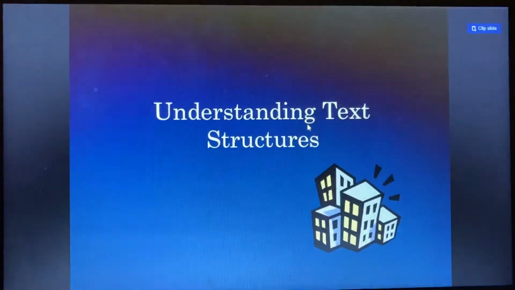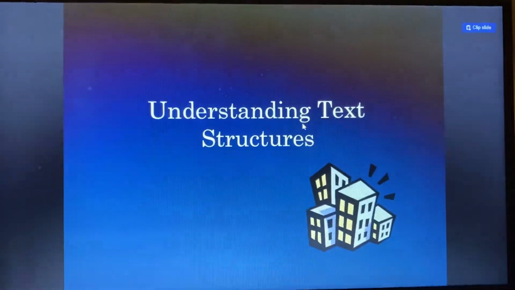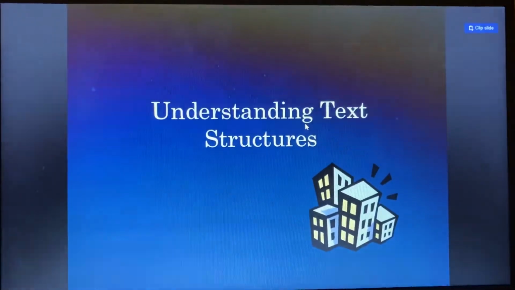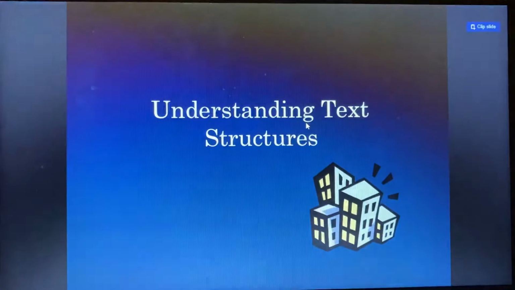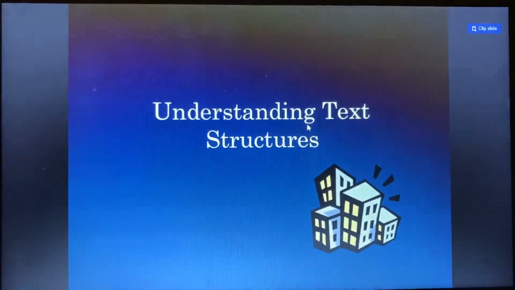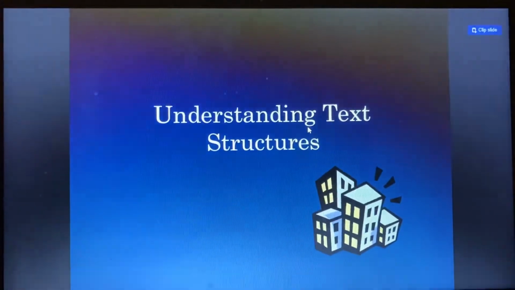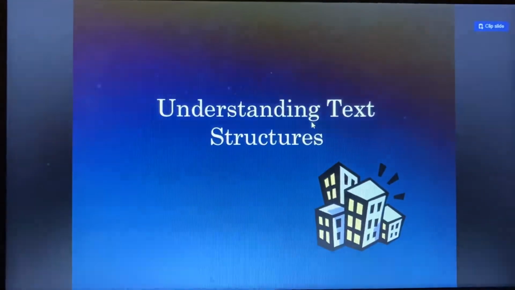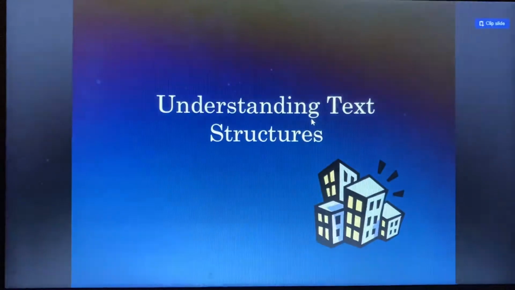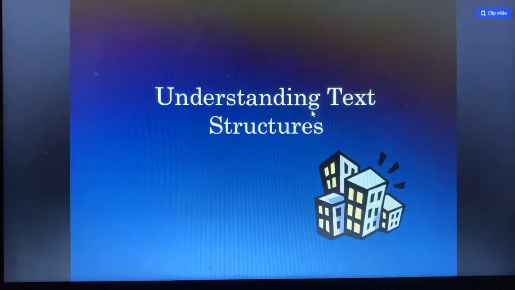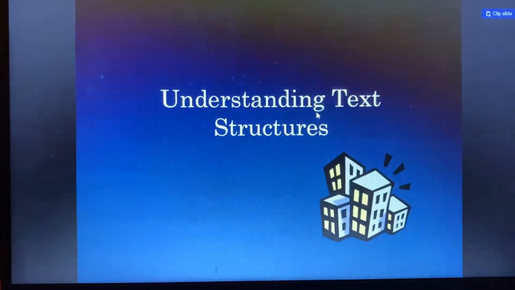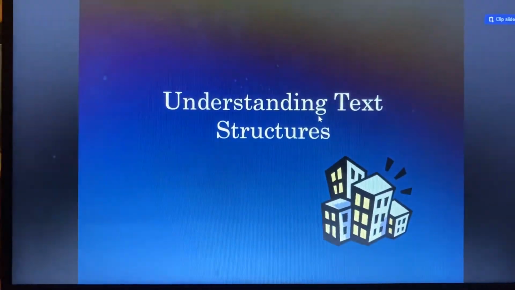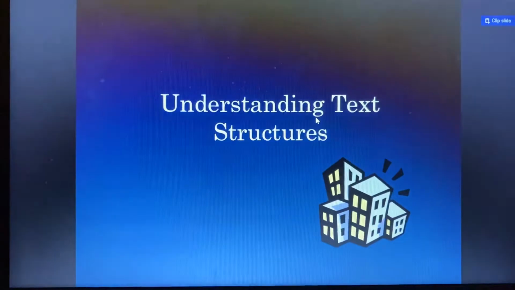But let's get to our lesson. This week, already on Monday, we had a lesson on main idea, and that is the main point, the gist of what an author is trying to present in their writing. On Tuesday, we talked about inferences, which are guesses you can make about a piece of text when an author doesn't explicitly or clearly state something.